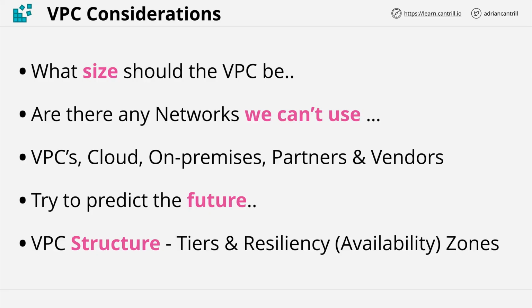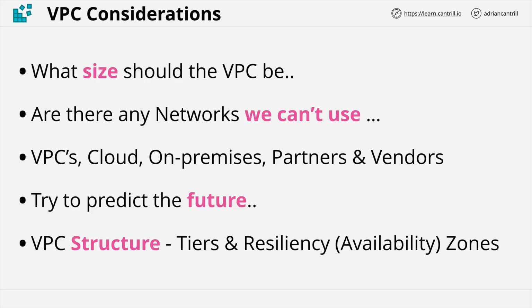Tiers are things which separate application components and allow different security to be applied, for example. Modern IT systems also have different resiliency zones, known as availability zones in AWS. Networks are often split, and parts of that network are assigned to each of these zones. These are my starting points for any systems design. As you can see, it goes beyond the technical considerations, and rightfully so. A good, solid infrastructure platform is just as much about a good design as it is about a good technical implementation.